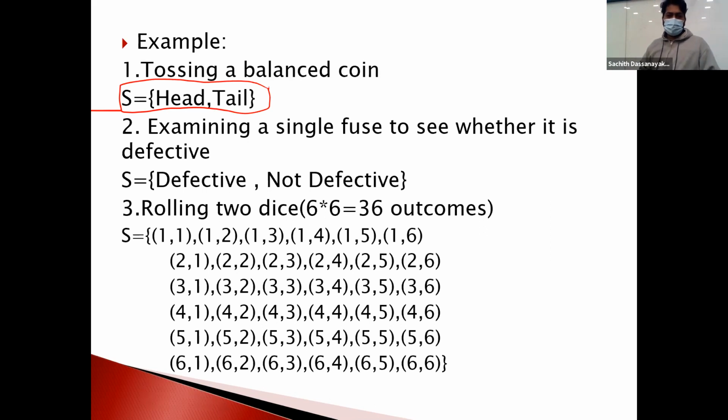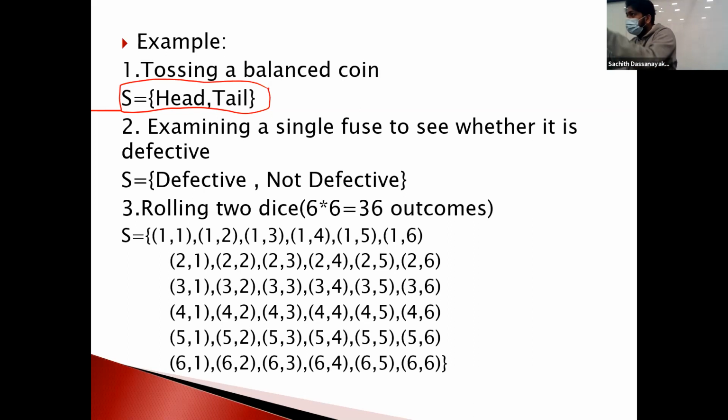Let's check the third one, rolling two dice. When you roll two dice at the same time, you will have 36 outcomes. Why 36? Because one die has 6 sides, and the other as well. So the first die appears 1, but the second die appears 6.